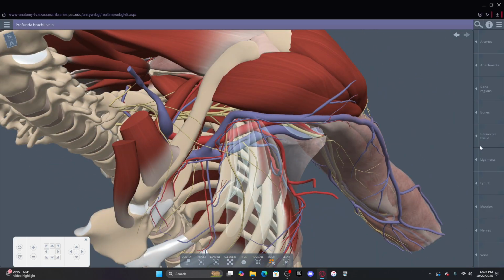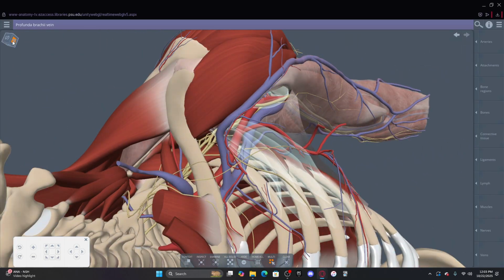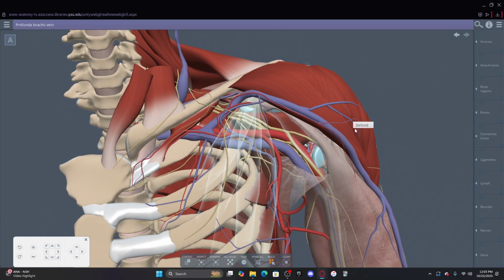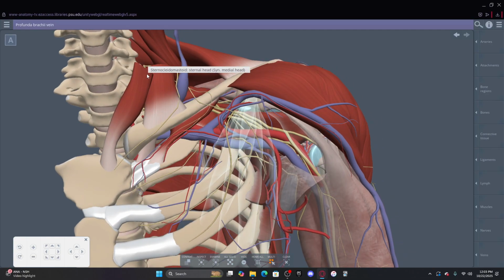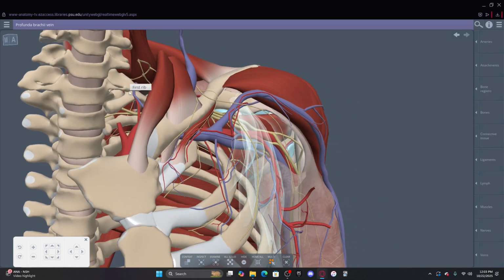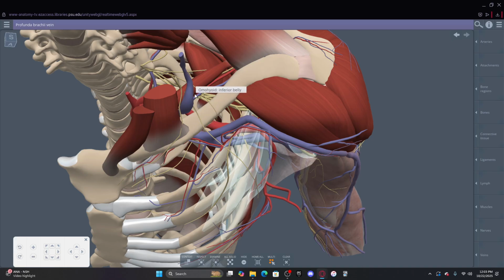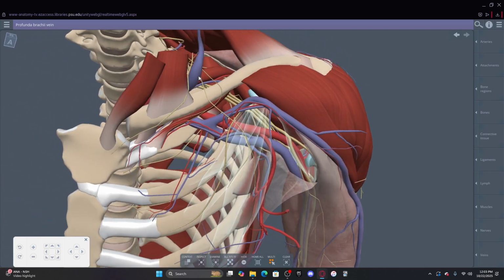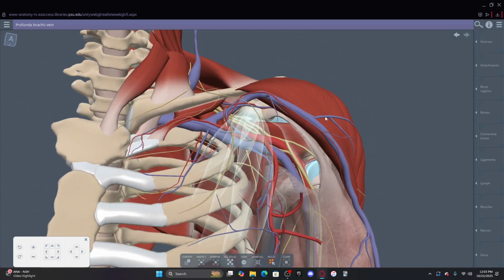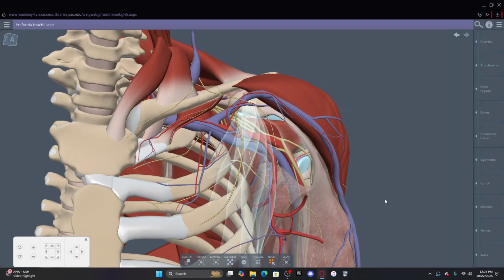Okay, the cords and the terminal branches. Like I said, we go from the roots, trunks, divisions. These are the divisions. Roots, trunks, divisions, and then we get to our cords and then terminal branches.